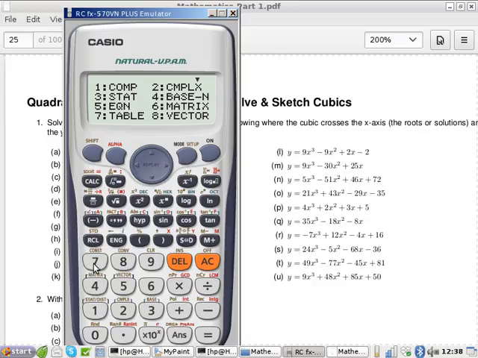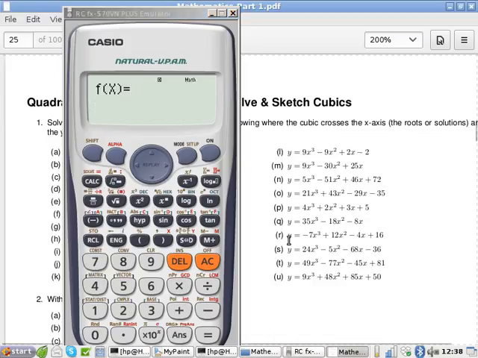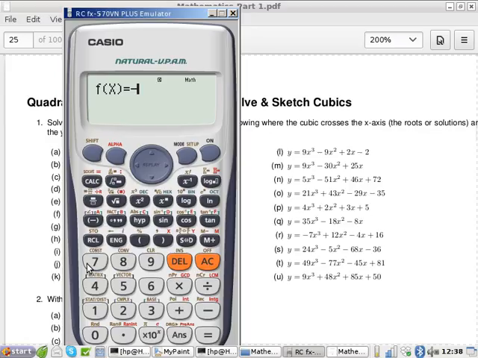Watch this now, mode 7. You type in the function: minus 7 alpha, and here's x cubed, plus 12 alpha x squared minus 4 alpha x plus 16.